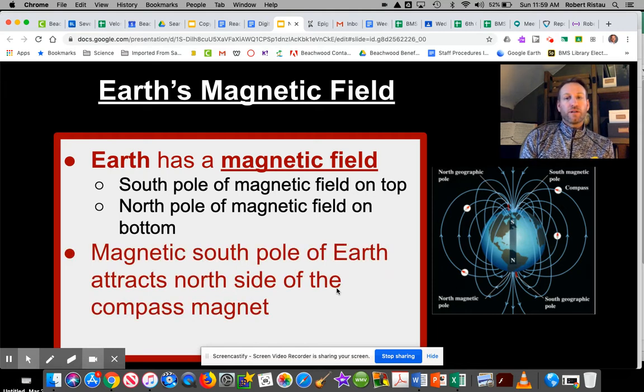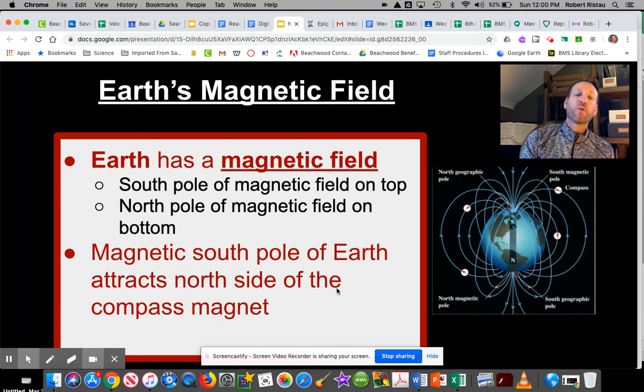Now, if you think about the way a compass works, compasses are magnetic. So if the compass needle is going to point to the geographic north, that means it must be attracted to the opposite pole, which is the magnetic south. And that's how that works.